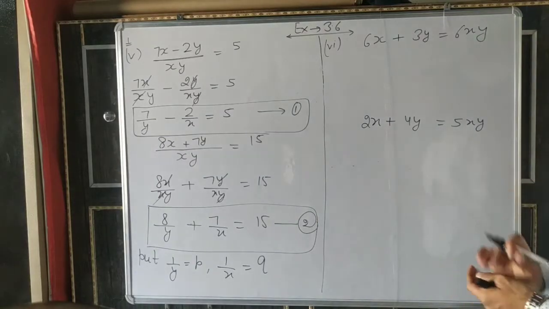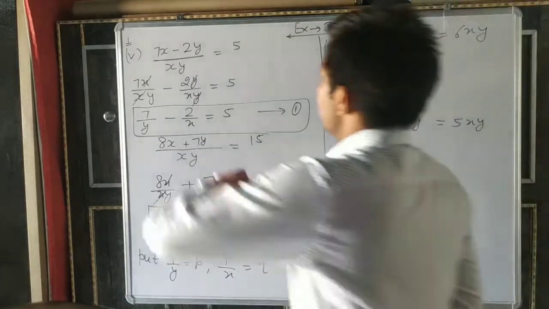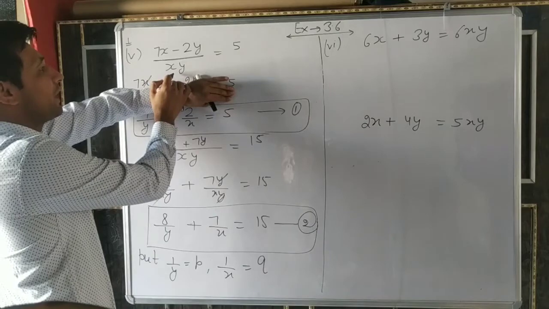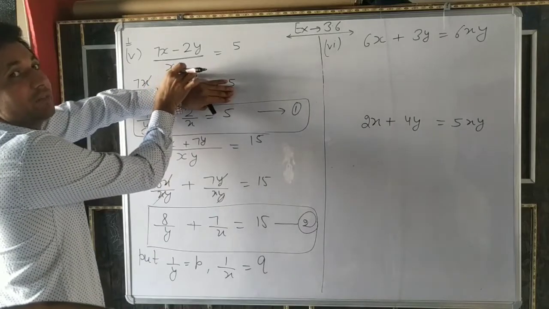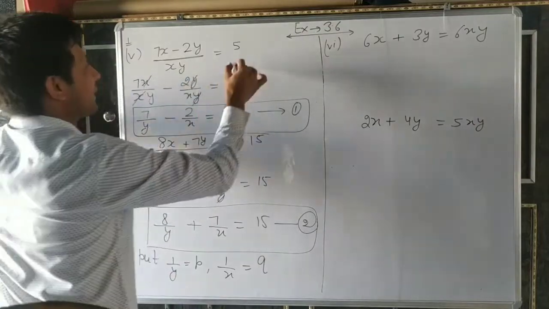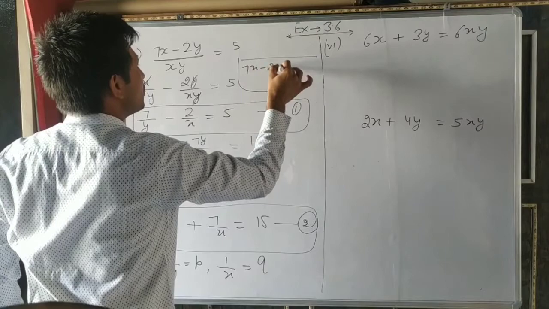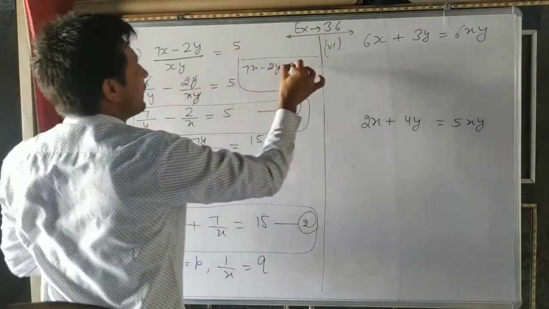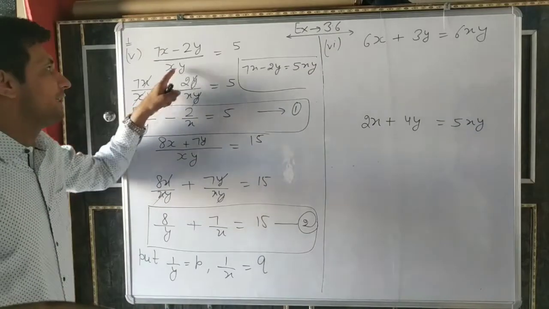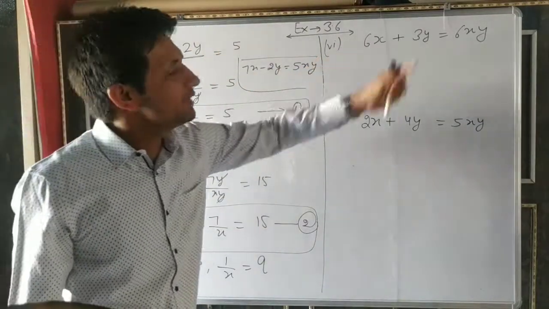In the sixth part we observe that it is also like the fifth part. Yes, why not? Look at (7x minus 2y) divided by xy; here xy is dividing, on the other side it multiplies. So it becomes (7x minus 2y) equal to 5 into xy, that is 5xy, same as this equation.